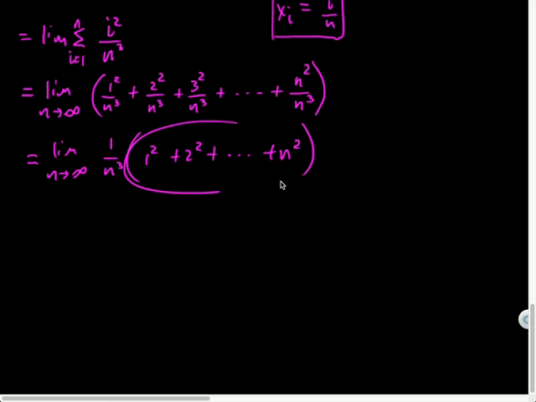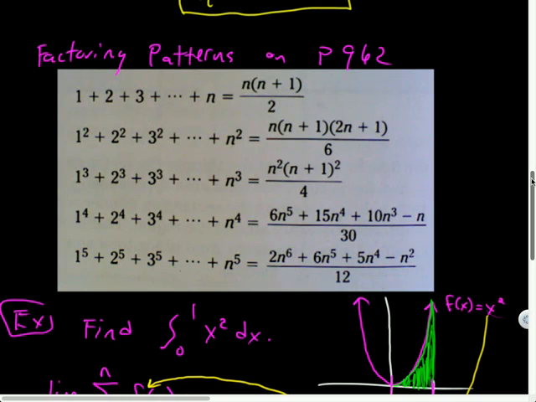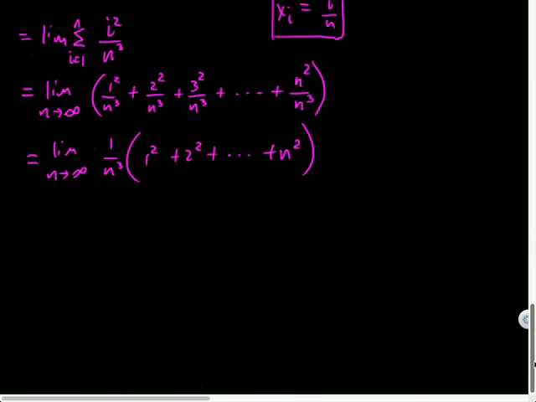So this portion right here is why I gave you that little alternative shortcut. Which one does that match up to? n times n plus 1 times 2n plus 1, the second one, right? I don't have that memorized: n times n plus 1, 2n plus 1, all over 6.